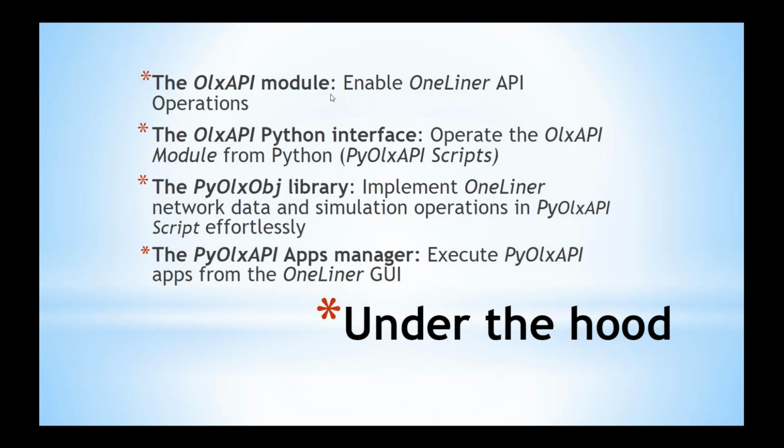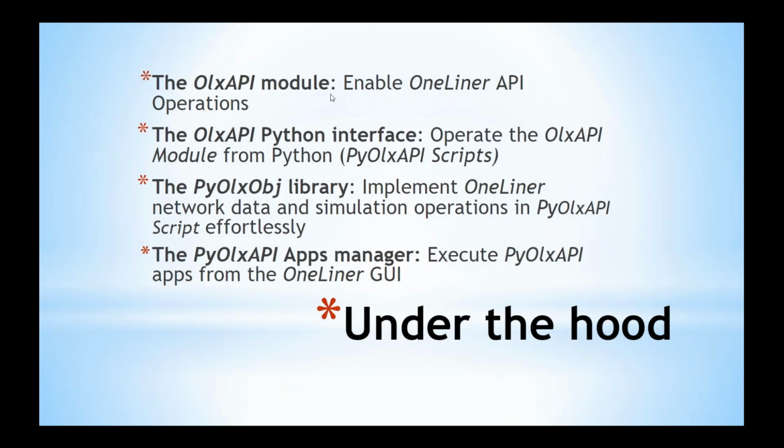Next, the Python interface is written for professional programmers. It can do all the API that OneLiner has, but you probably need to be quite proficient in Python in order to make use of that.